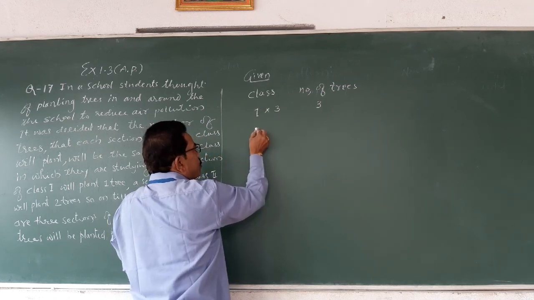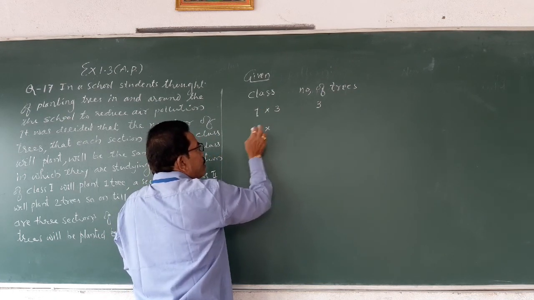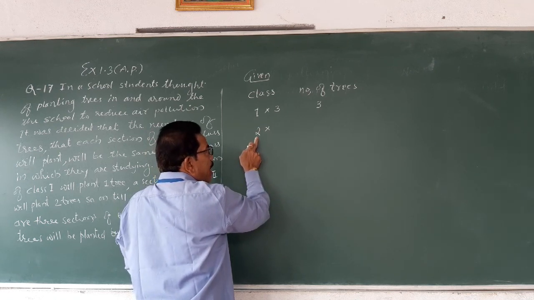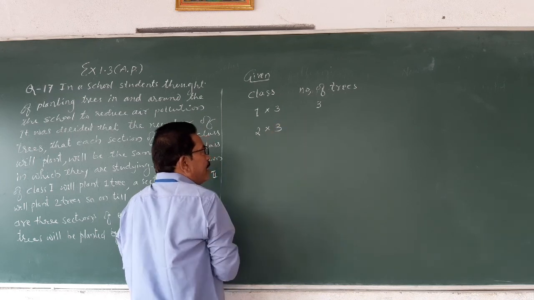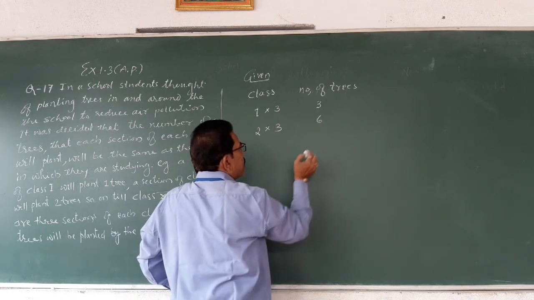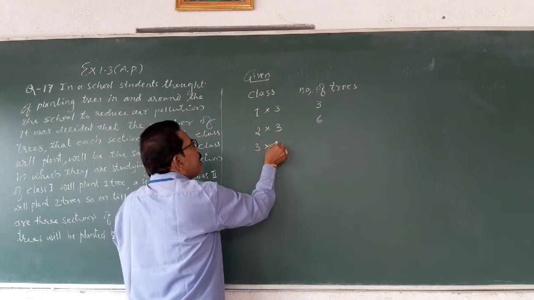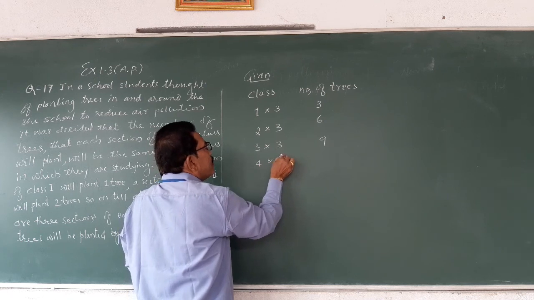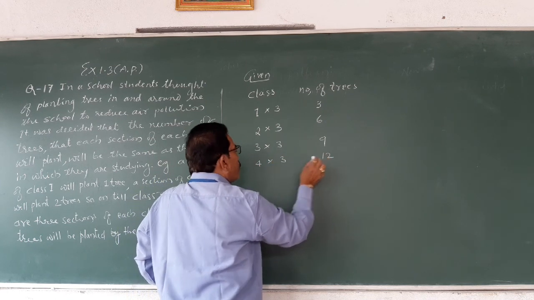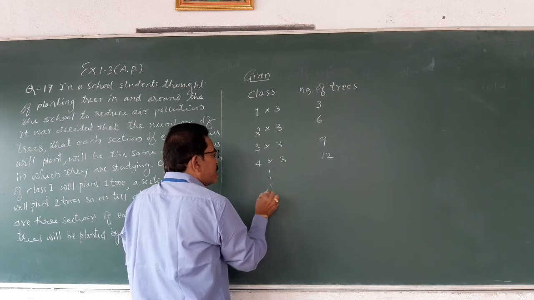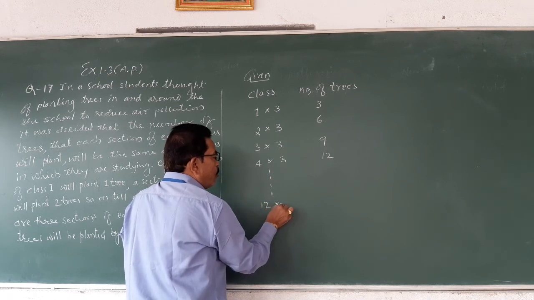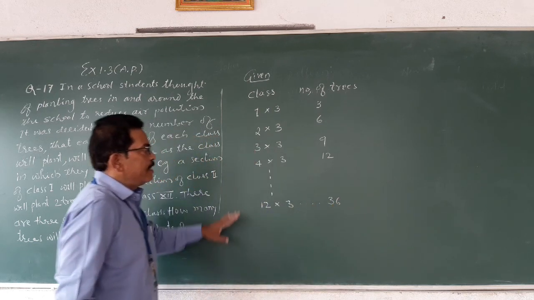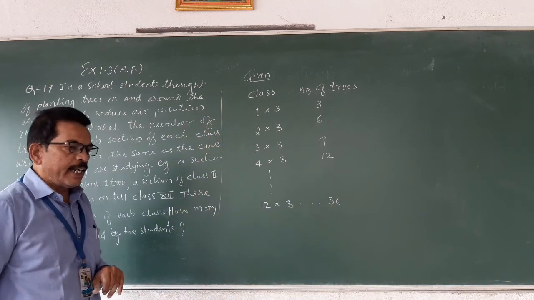Then for class 2, 2 times 3 is 6. Then in 3rd class, 3 times 3 is 9. Then 4th class, 4 times 3 is 12. Dash dash up to 12 classes: 12 times 3 is 36. This is the pattern of planting the trees.